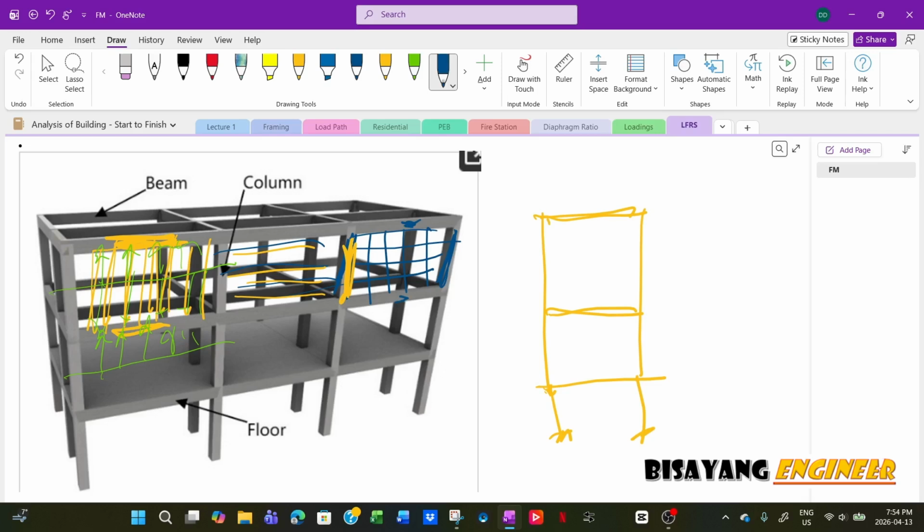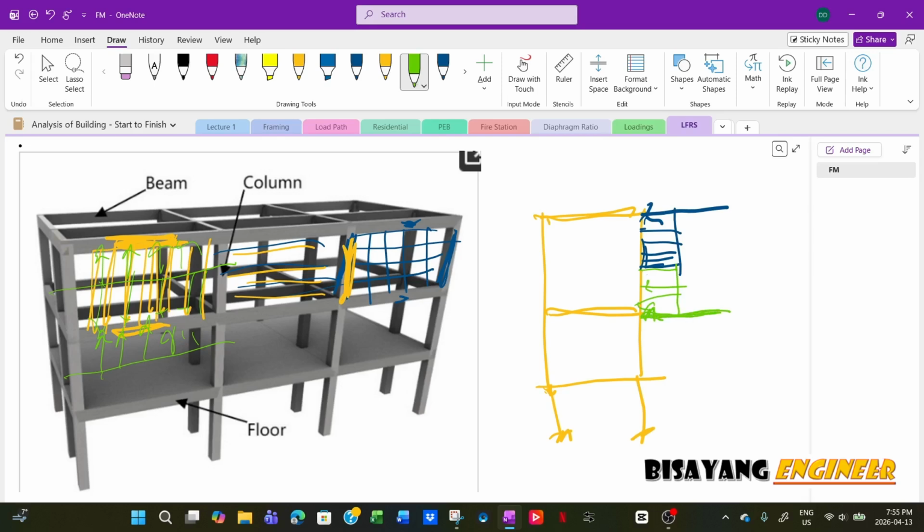So for the sake of discussion, if this is your wind load, half of this load will be going to the roof, and then the lower half will be going to your floor.